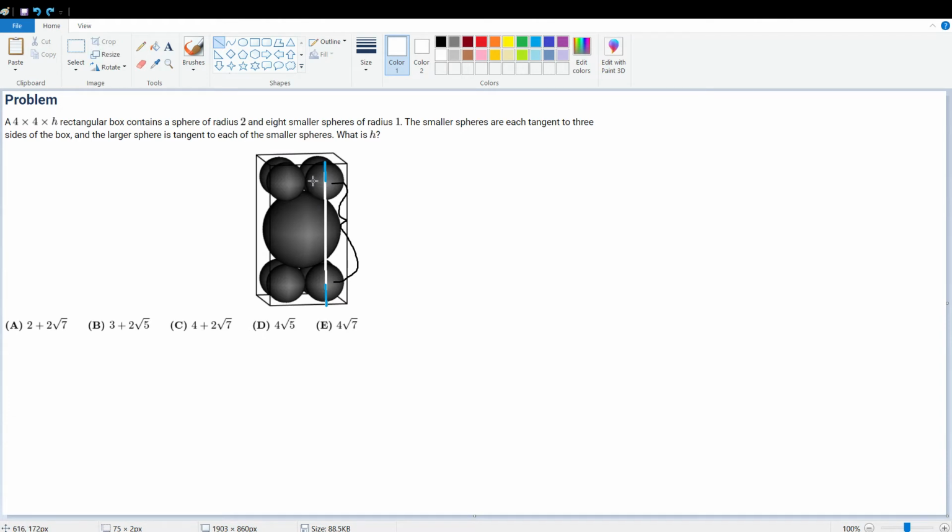Oh, that's not straight. Let me just redraw that, hopefully get it right this time. And we can connect the centers here and here.